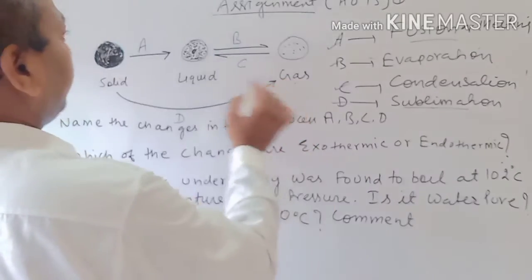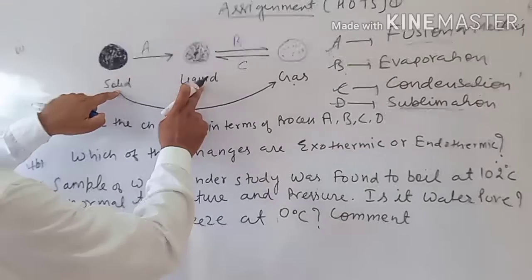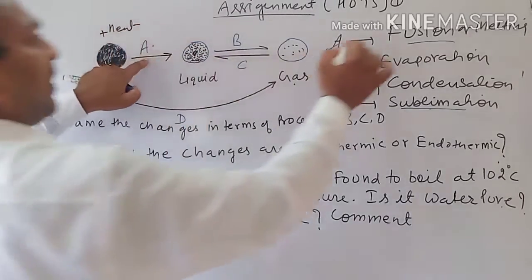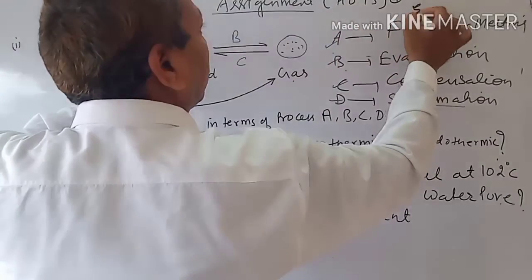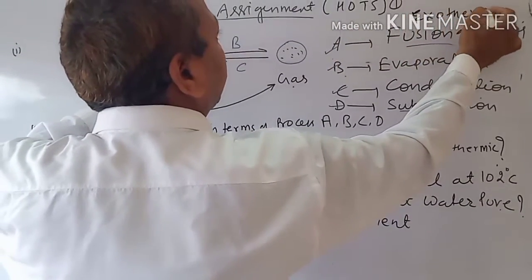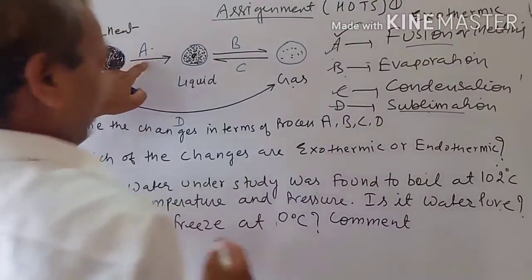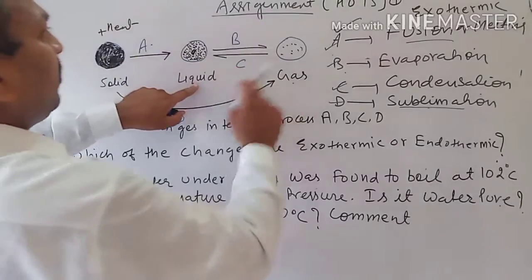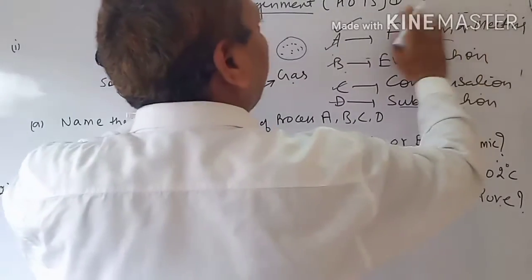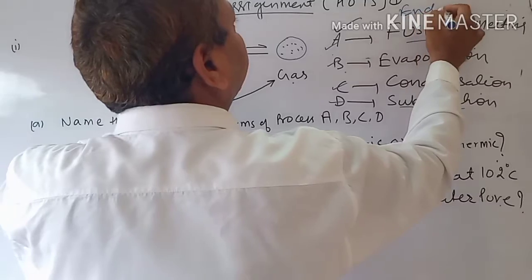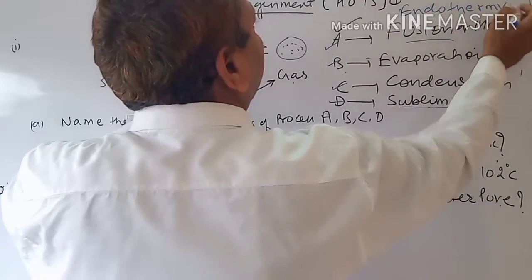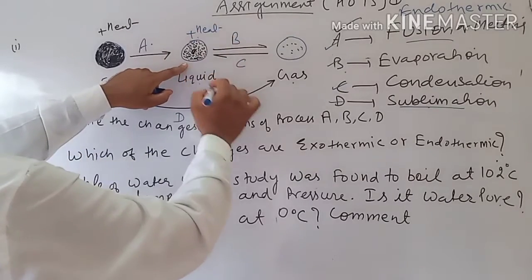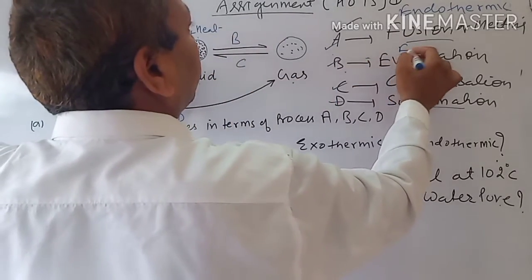So if solid converts into liquid, it gains heat, so A is endothermic. Similarly, B: liquid converts into gas, it gains heat, heat is absorbed, so this process is also endothermic.